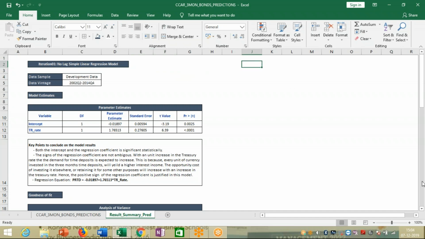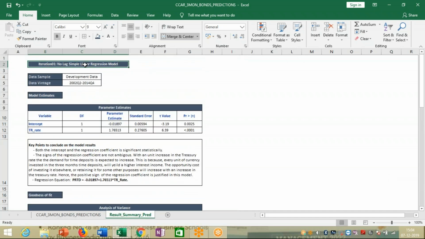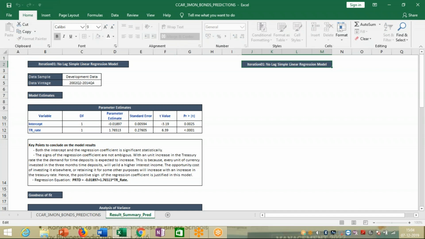So it's a no lag simple regression model, and the result is what we have discussed over here. Now the second iteration would be a single lag linear regression model. So the next part that I have is a single lag simple linear regression model. So this is your iteration 2.